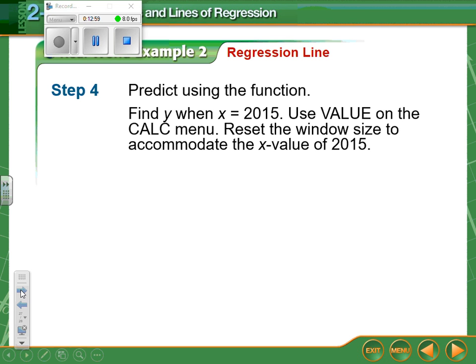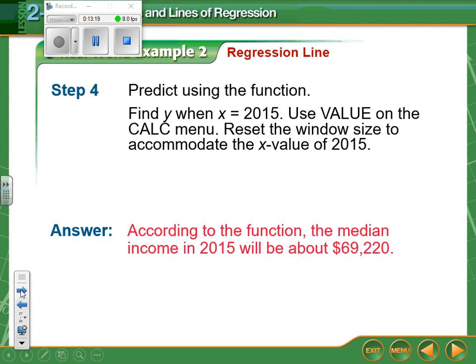I might send you to the table for that equation and let you go down until you find X of 2015, or change and start the table at 2015 and go from there. But either way, the income, if you use that equation, should come out to around 69,220.